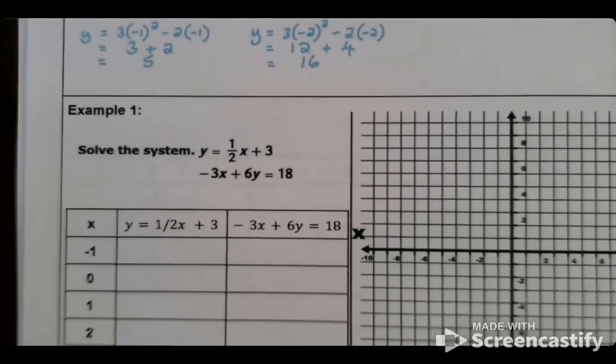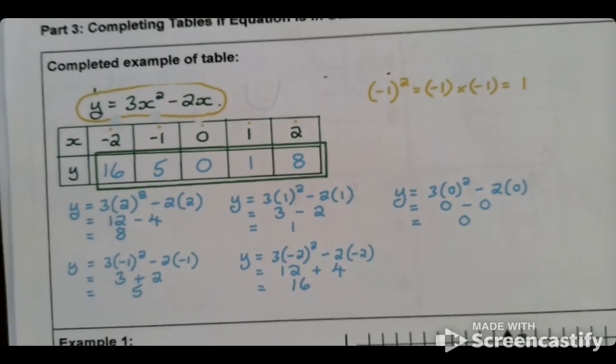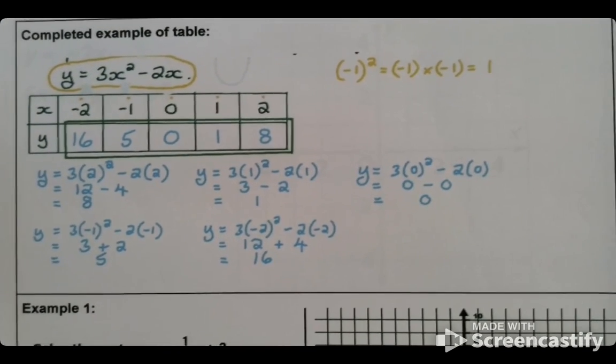All right. So now what I want you to notice is that our next part looks a little wonky. And so I just want you to realize that we are going to start putting in points.